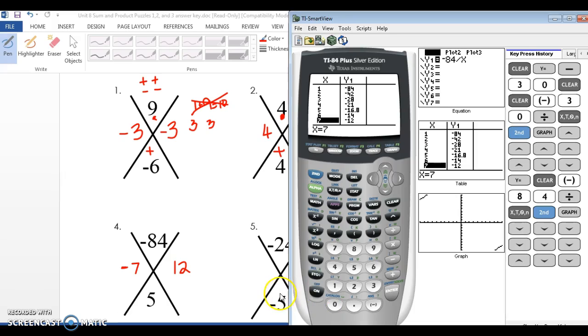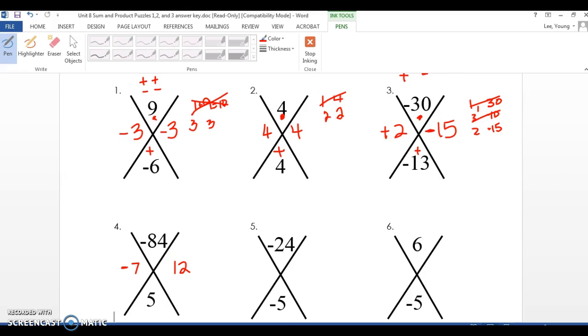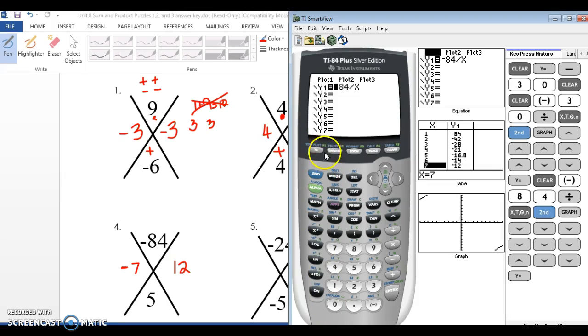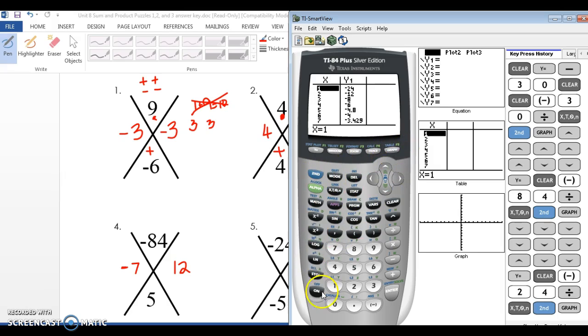Okay, let's try number 5. What do I need to do? It's negative 24, so y equals negative 24 divided by x. Then go to table. And we're trying to find the numbers that add up to negative 5 right here.